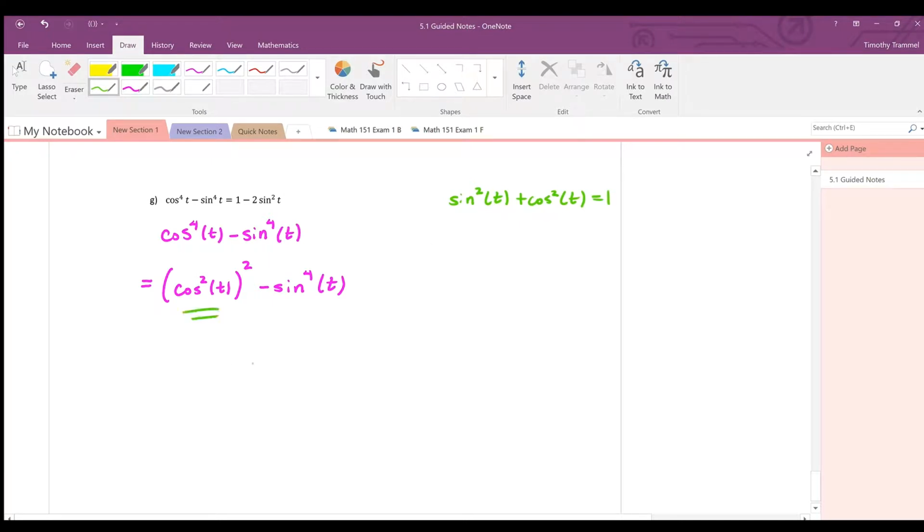And we're trying to replace this cosine squared of t right here. So I'm going to solve for cosine squared of t in my Pythagorean identity. And so that means I can now replace cosine squared of t with 1 minus sine squared t. So we have 1 minus sine squared of t.